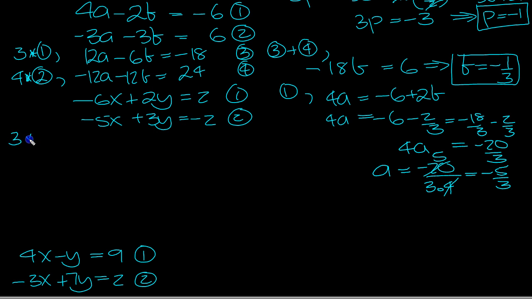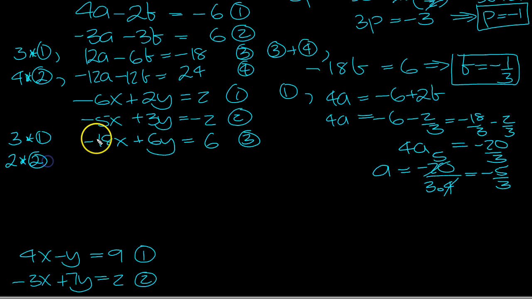So 3 times 1. 3 of these, 3 of those. Equals 3 of these. And we want 2 of these, don't we? 2 of these, 2 of these. Equals 2 of these minus 4.